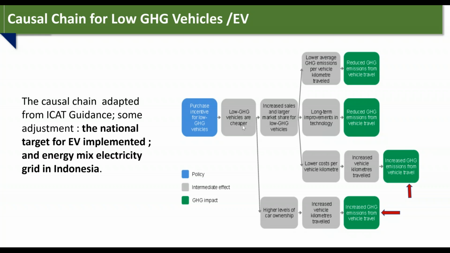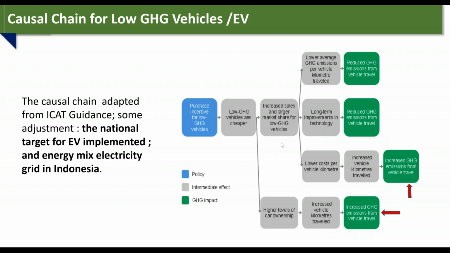By introducing electric vehicles, it will increase the sales and market share for low GHG vehicles. Probably it will lower the average GHG emission per vehicle kilometer traveled, and bring long-term improvement in technology. So by this, it will reduce the GHG emissions.